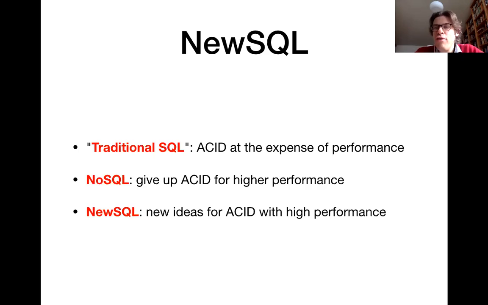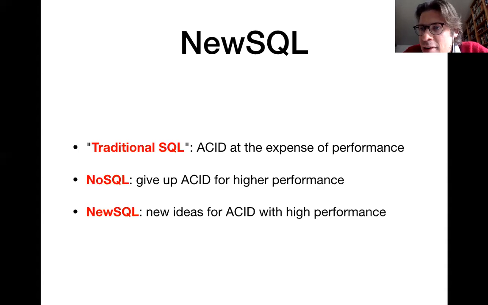Now, this is a little overview of the different categories of systems that we have been discussing in the past few lectures. Of course, there are the so-called traditional distributed database management systems, which aim to guarantee ACID transactions, even if it comes at the expense of performance. Then we have seen NoSQL systems, which is a broad term, but often it entails that we are giving up ACID guarantees for higher performance.